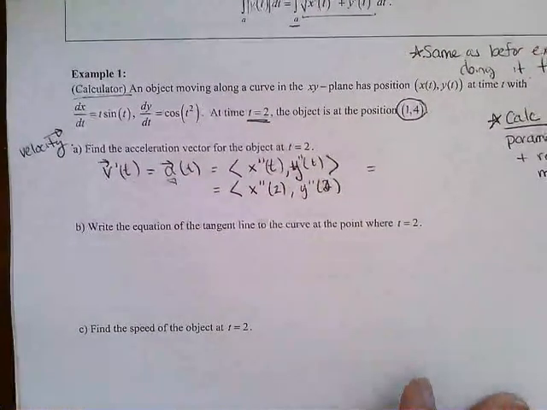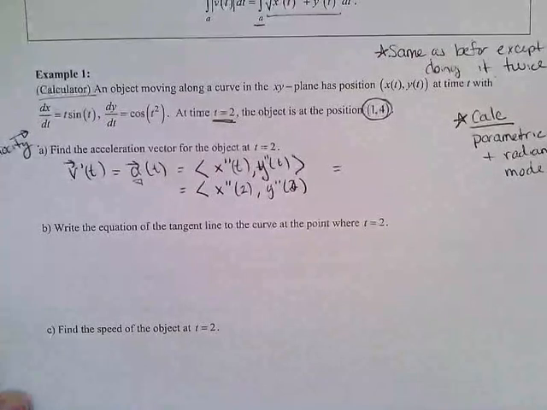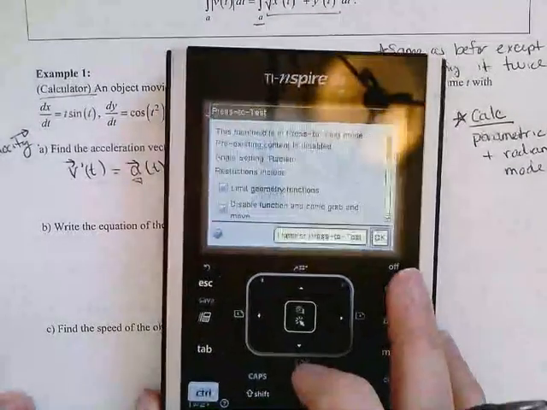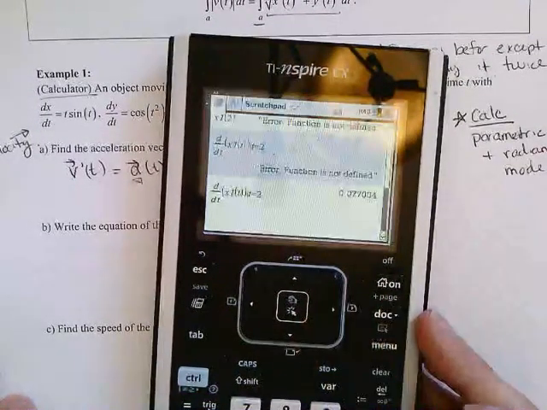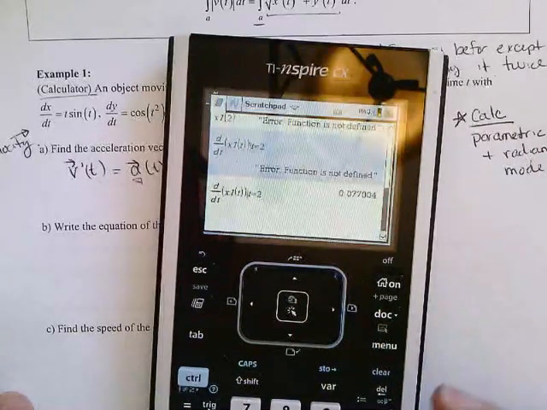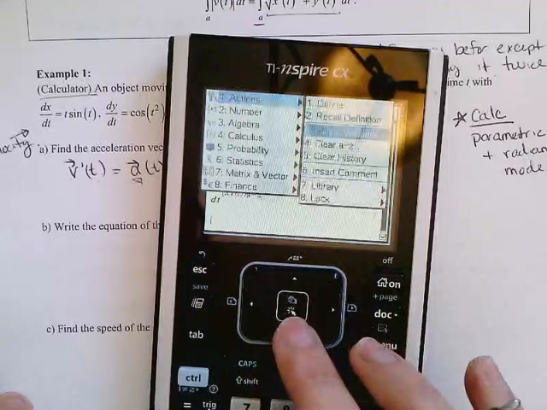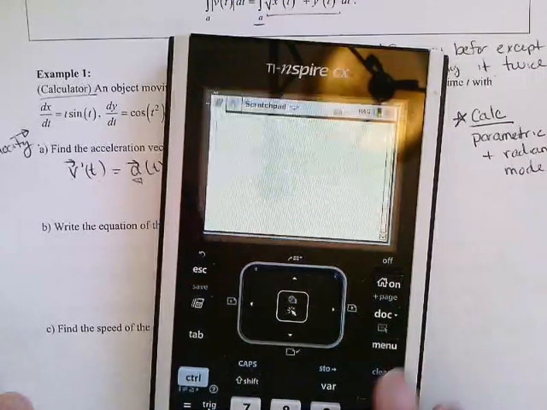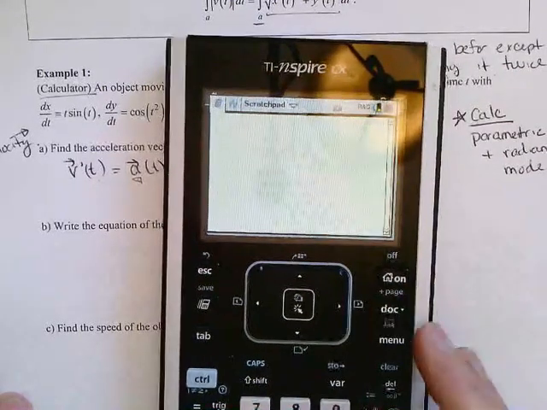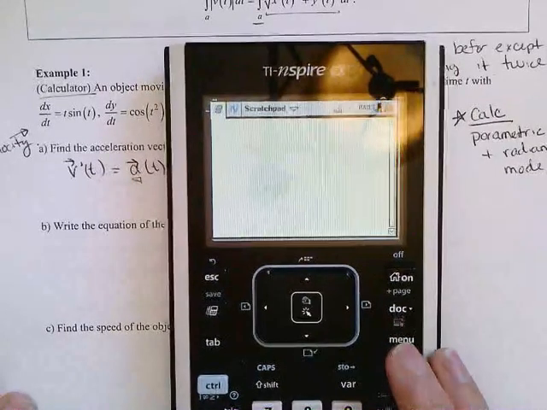But here, like I told you, we're going to be doing this in the calculator. In order to do this in the calculator, believe me, through about a half hour of trial and error, let me just clear my history, and I'm going to show you how to do this in the calculator.